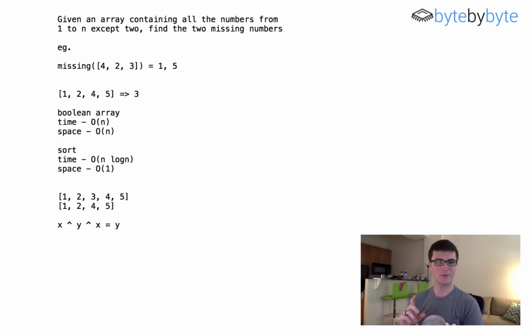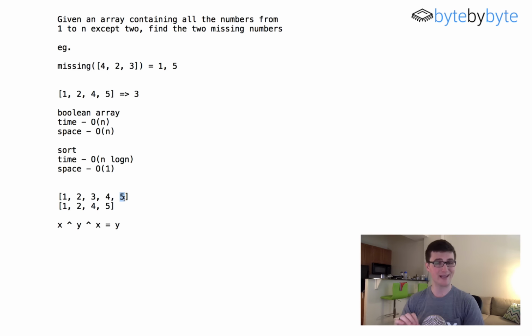And that's going to be the property that's going to be the most useful to us, because let's say that we XORed all these numbers together and then XORed all these numbers with that original one. The 1s cancel out, the 2s cancel out, the 4s cancel out, and the 5s cancel out. And so then we're left with 4 left over.